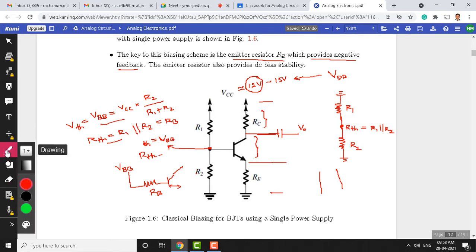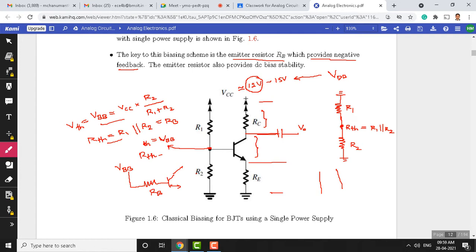Another branch that you are seeing here contains three components: a resistor RC, the BJT and RE. When we say three elements are there in this branch, there is an equivalent voltage drop also. The supply voltage VCC, from this point to the ground, gets split into three parts.